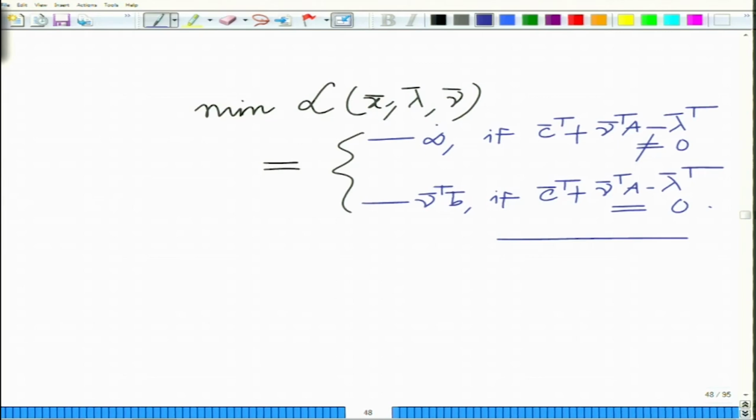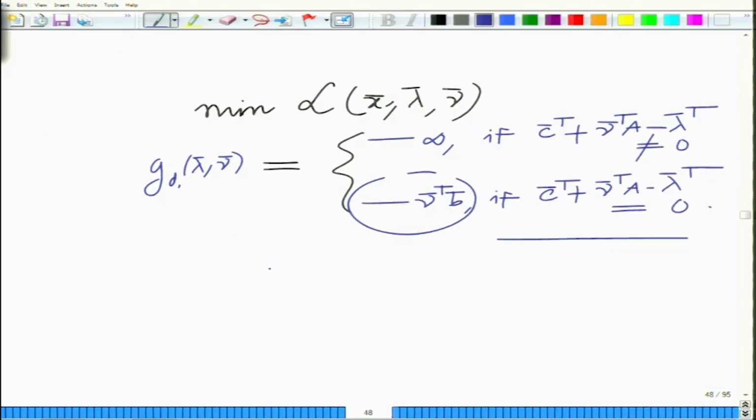Now, of course, minus infinity is always a lower bound for any optimization problem. So, this is your Lagrange dual function. Minus infinity is always a lower bound, but it is very uninteresting. The interesting lower bound occurs for minus nu bar transpose B bar, and the best lower bound available is when you maximize this with respect to nu bar and lambda bar.